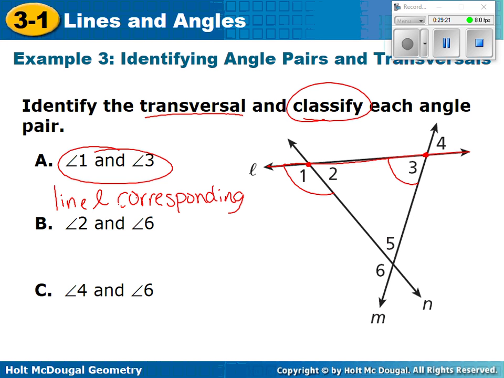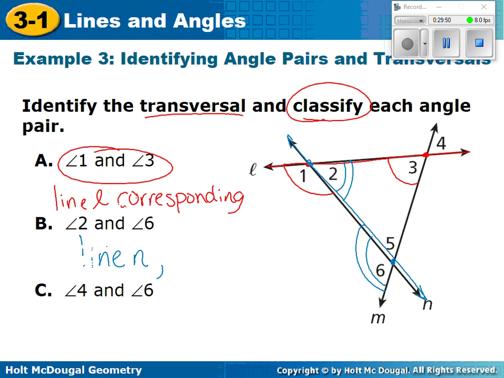Okay, how about 2 and 6? First of all, what line is the transversal for 2 and 6? So the line that connects them is line what? N. Line N. And what kind of angles are 2 and 6?